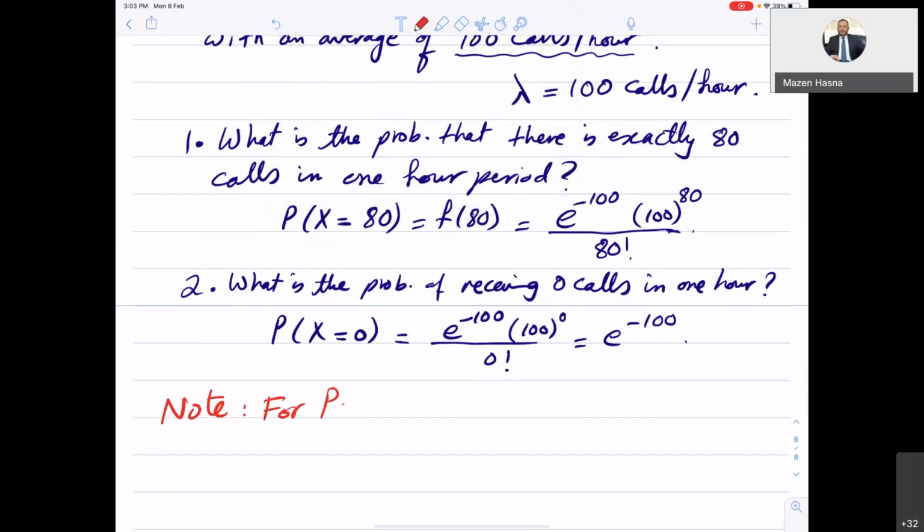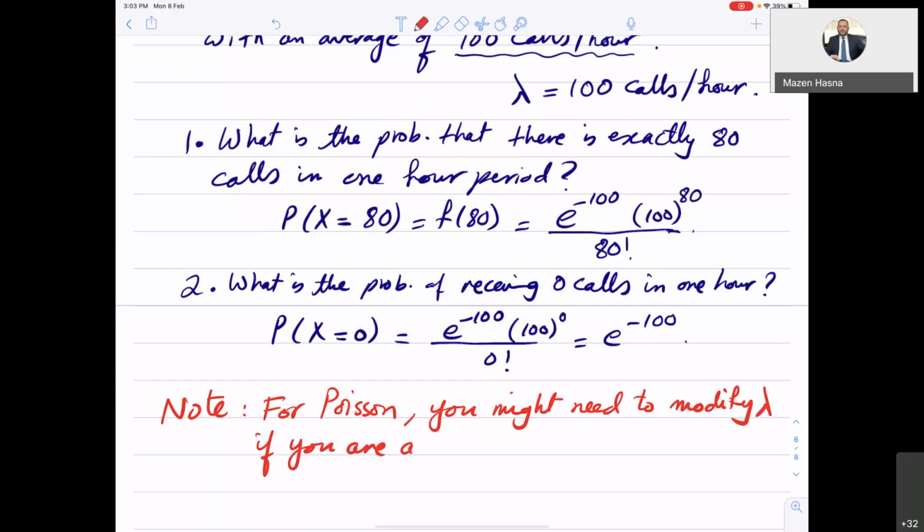For Poisson, you might need to modify, not change, let me say modify, lambda if you are asked about a different time interval. A different interval, let's say in general, not time necessarily, different interval.